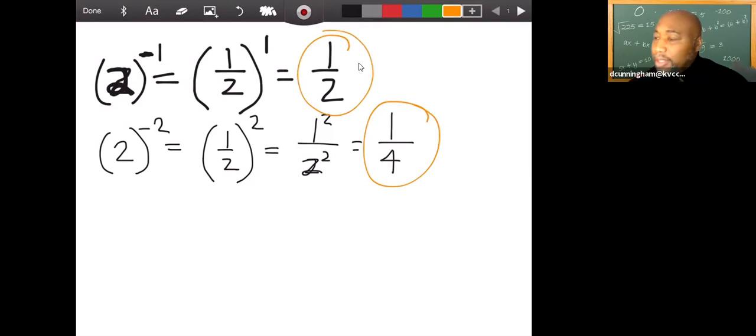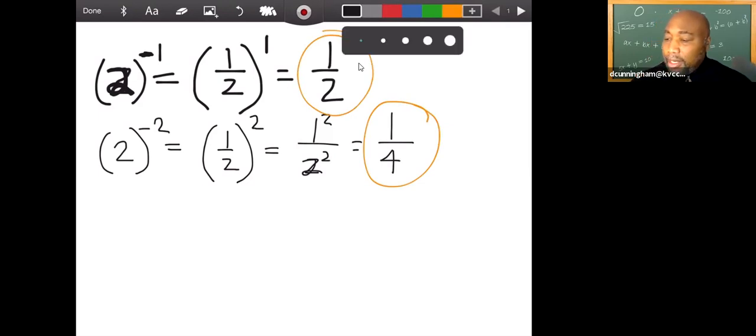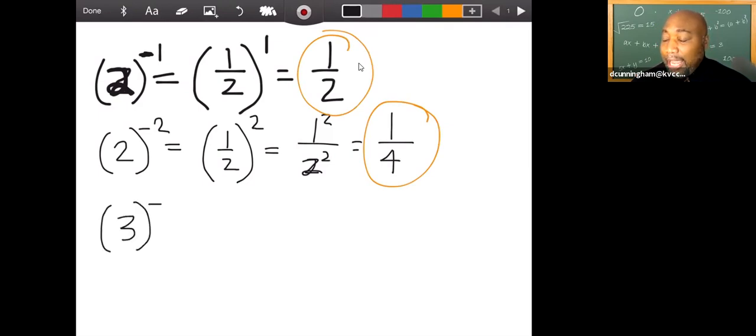Let's do another one. Let's say we have 3 to the negative 3. Now our goal is to get rid of the negativity of the power. That's your goal. Always think of that. And then write the final answer. Now to get rid of the negativity, you take the reciprocal of the base. In this case, it'd be 1/3.